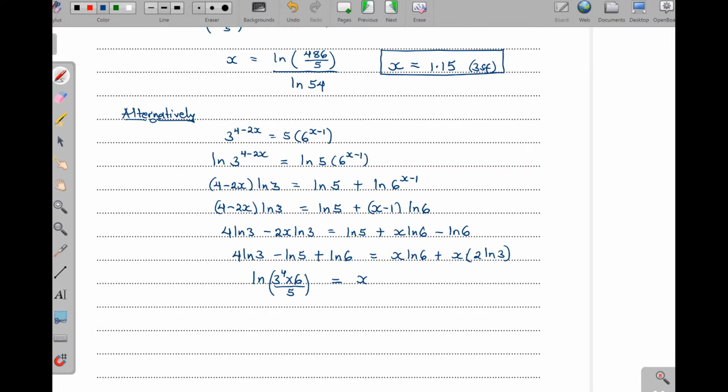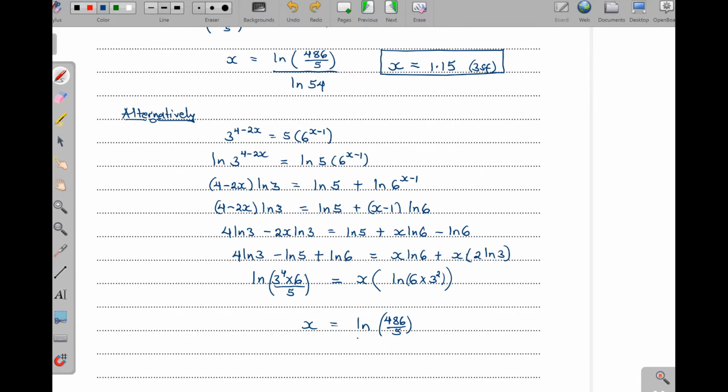x is common, I'm factorizing it out. Then I'll have natural log of 6, then plus this one here. This one can come up here. So we can have natural log of 6, then times 3 power 2. You get it? So that means our x here is going to be equal to the natural log of 486 out of 5, which we have here.